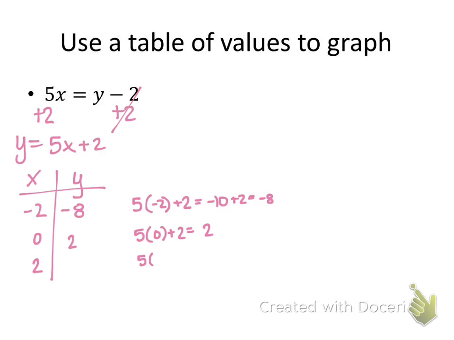And lastly, 5 times 2 plus 2 is 10 plus 2, which is 12. Alright, so now I have my 3 ordered pairs and I can graph my line. I'm going to erase my work so I have plenty of room. Use my graph paper.